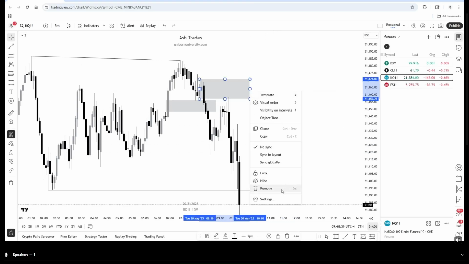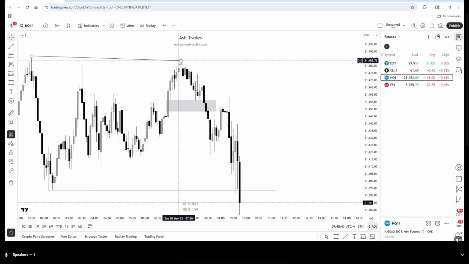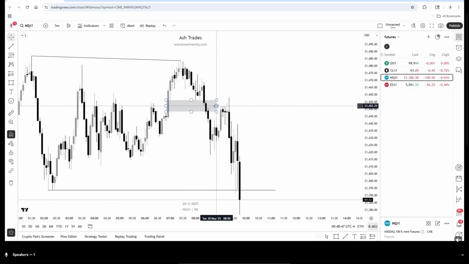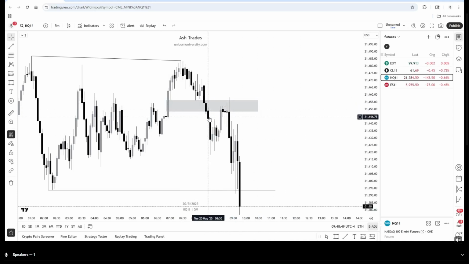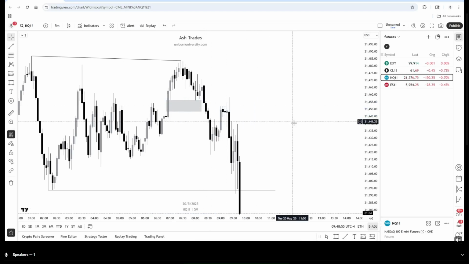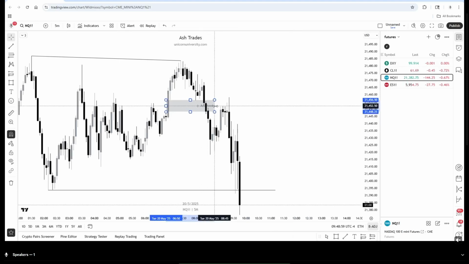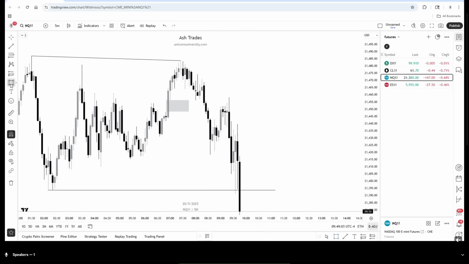So in my opinion, the SMT gave an idea of a reversal. The reversal was confirmed when this FVG failed right here. So once this FVG fails, then you can start looking at opposing candles acting as resistance. This would be the first time I start to look at up close candles acting as resistance.